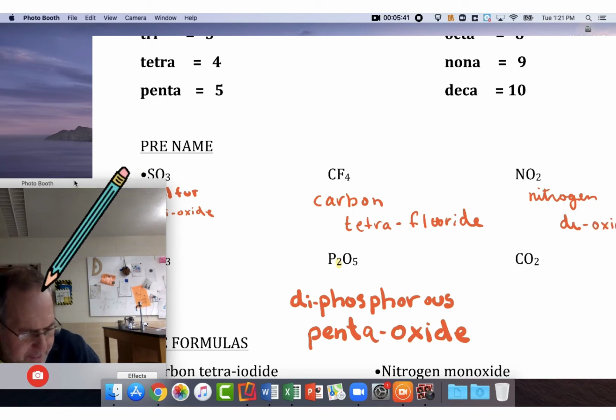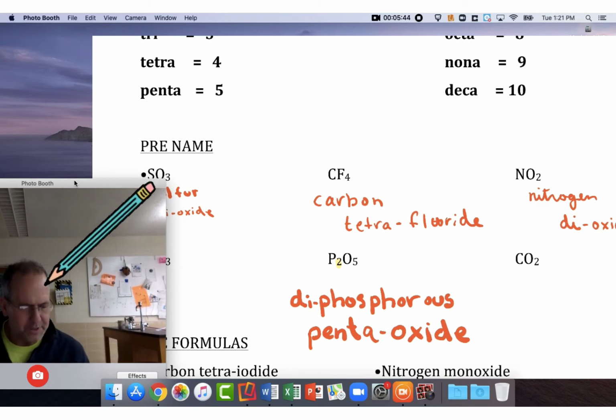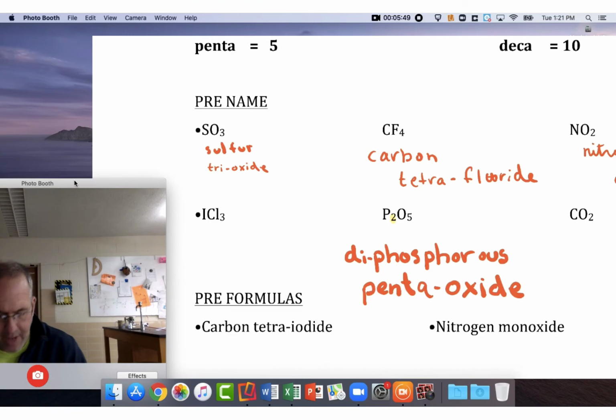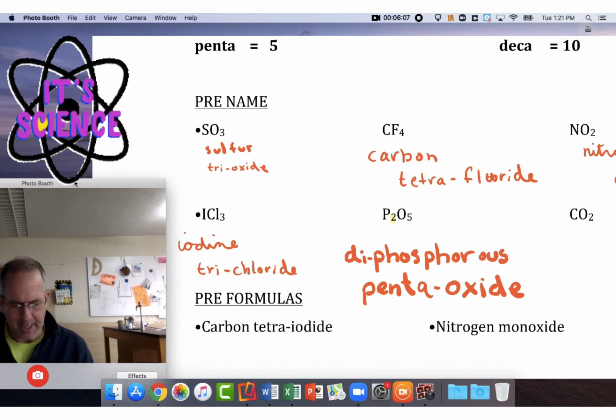And I'm putting a slash in. Remember, I'm only using slashes to make it easier to see these things. We have iodine. It's the first thing listed, so you don't say iodide. It's going to be iodine. And trichloride. So there's that last name always ending in "ide."